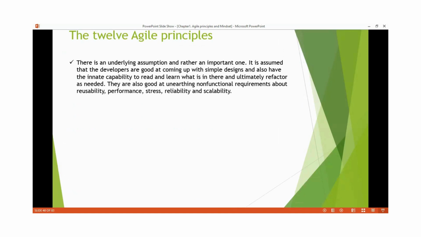There is an important assumption that developers are good at coming up with a simple design and have the capability to learn and to refactor as needed. So you will refactor your code and your design, with a good understanding of non-functional requirements about usability, performance, reliability, and scalability. So again, you will look at the non-functional requirements and the functional requirements in your project.